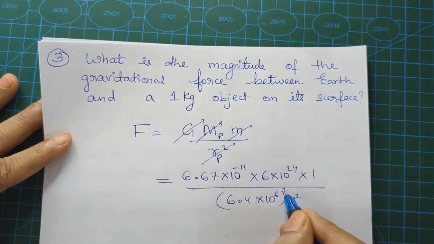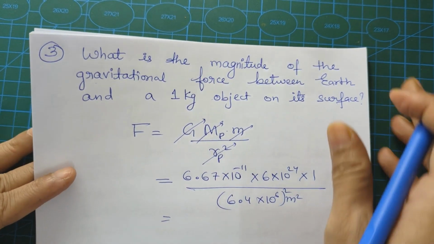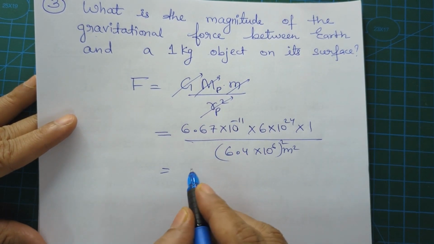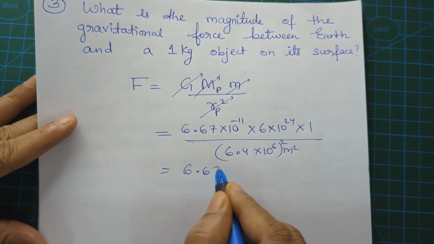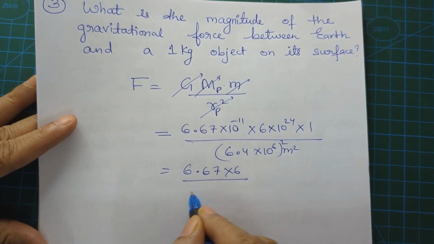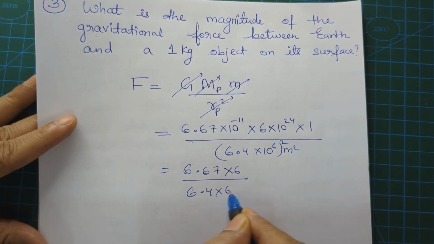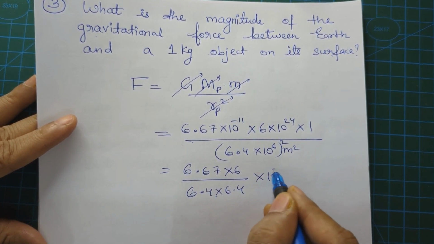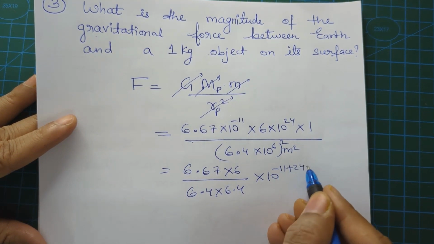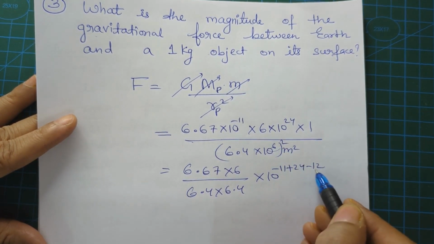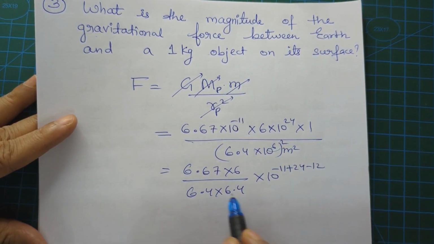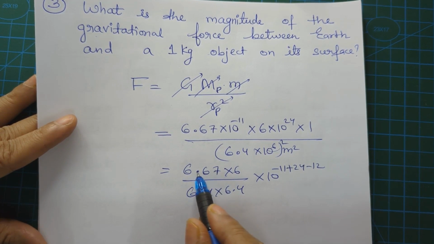So how to solve this? Put all the numbers together and the powers of 10 together. So 6.67 into 6 upon 6.4 into 6.4 into 10 to the power minus 11 plus 24 minus 12. These two decimals cancel with this, because after a single digit comes the decimal, and here also after 2 digits.